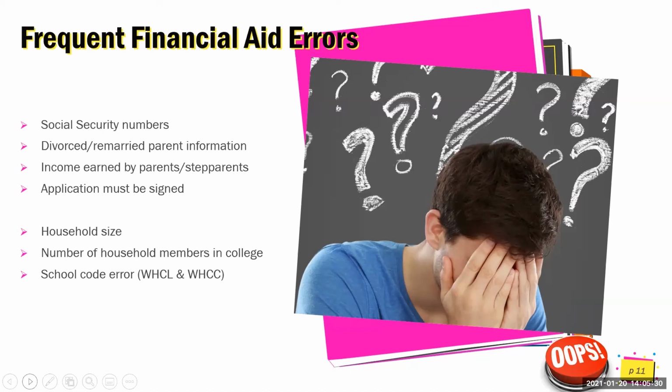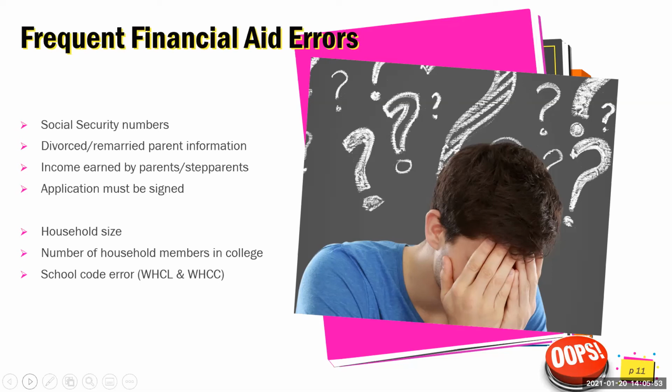Another thing is income information. If you put the wrong income or you leave something out, there might be issues that can be created on your application, and you might have problems getting your grants. It can be delayed.